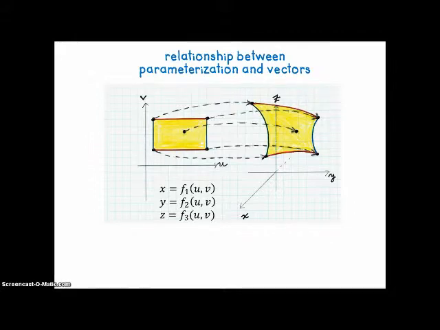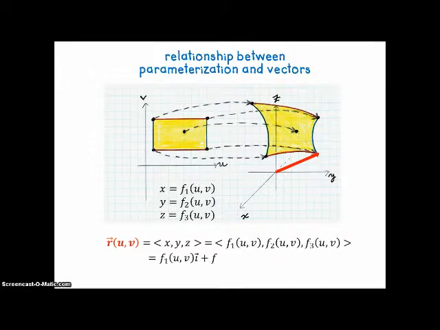And that parameterization can also be expressed as a vector, where r of u, v is the vector x, y, z, where x is the first function of u, v and y is the second function of u, v and z is the third function of u, v. And of course we can write that with the chevrons notation or with the ijk notation that's popular in physics. And so now we've seen that change of variables can be viewed as a parameterization.